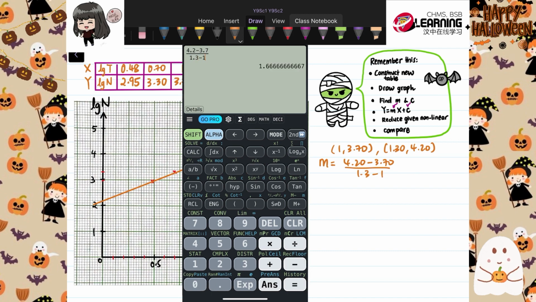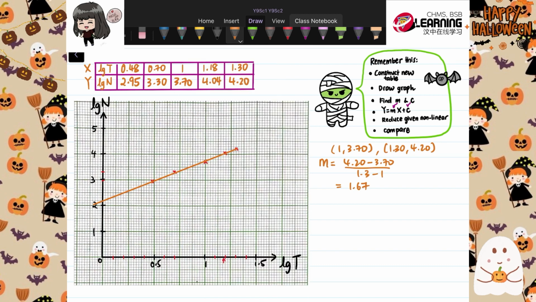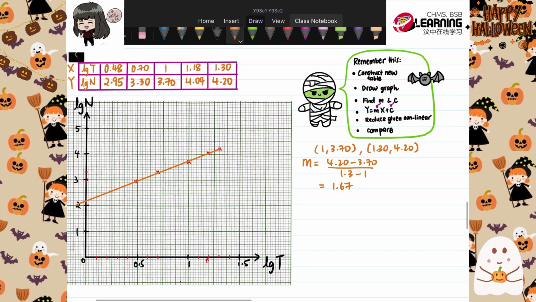And then you press the calculator. I get somewhere 1.67. If your answer is somewhere around 1.5 or 1 point something until 2, it's okay. After I find my m, I find my c.